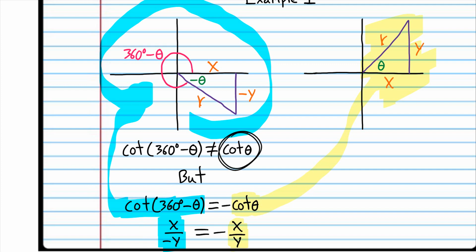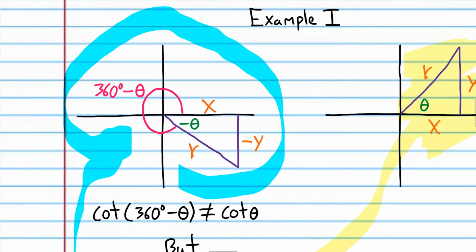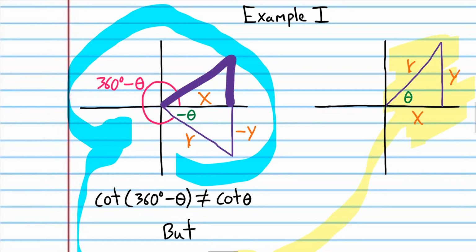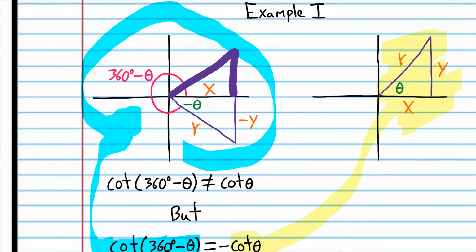Now cotangent theta, notice it's a positive theta. So what you're doing is you're analyzing the triangle up here when theta is positive. And in that case, you have positive x over positive y. It doesn't say anywhere here about a negative theta.